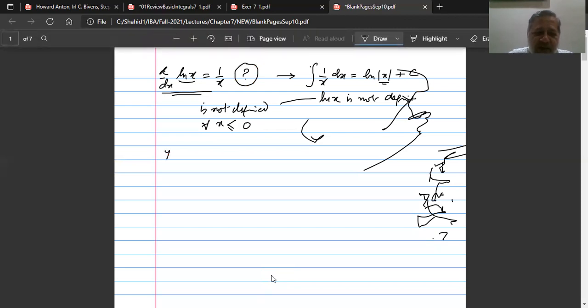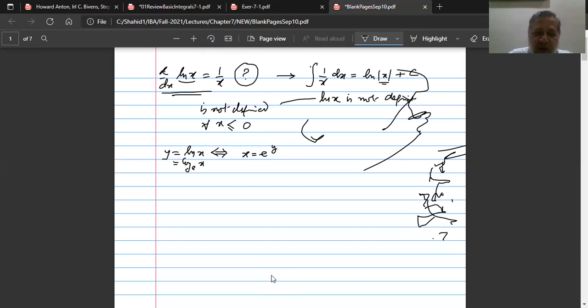For that, a simple rule which is deduced from the properties of log. This is log base e. The properties of log tell us that this means x is equal to e raised to power y.